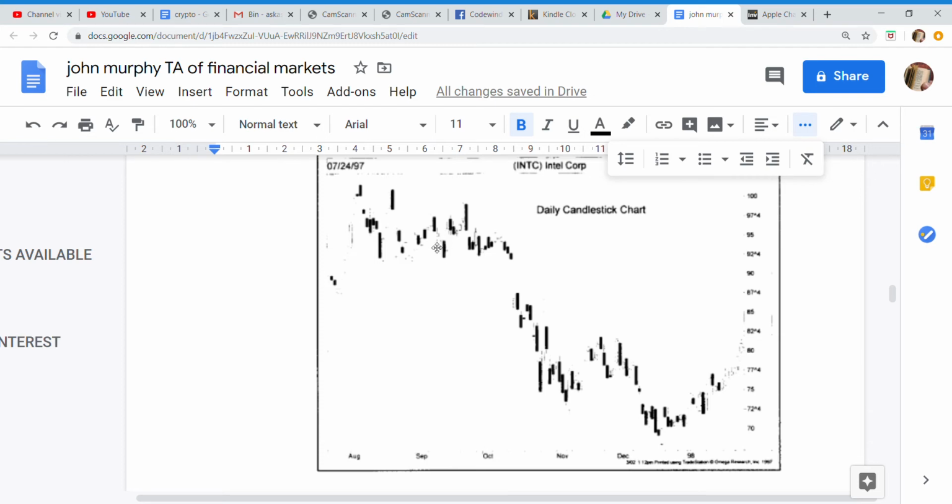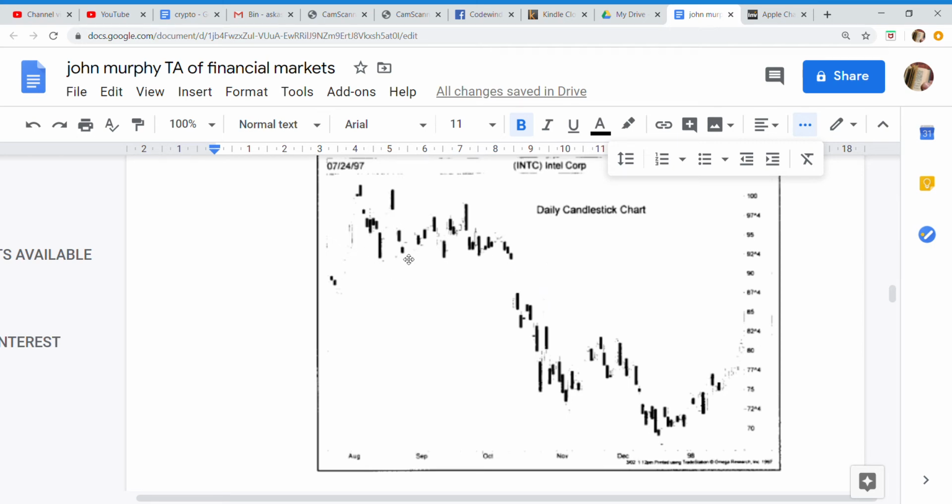So this is a candlestick chart. This is a white body, and this is a black body. In a white body, the closing price is greater than the opening price. In a black body, the closing price is less than the opening price.